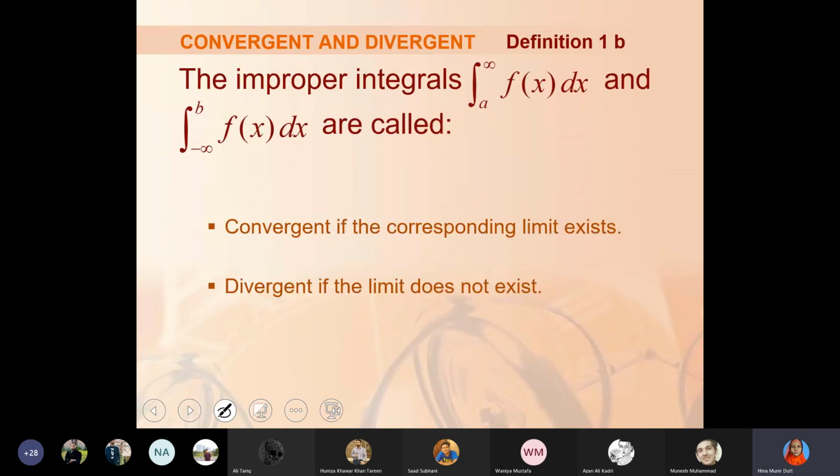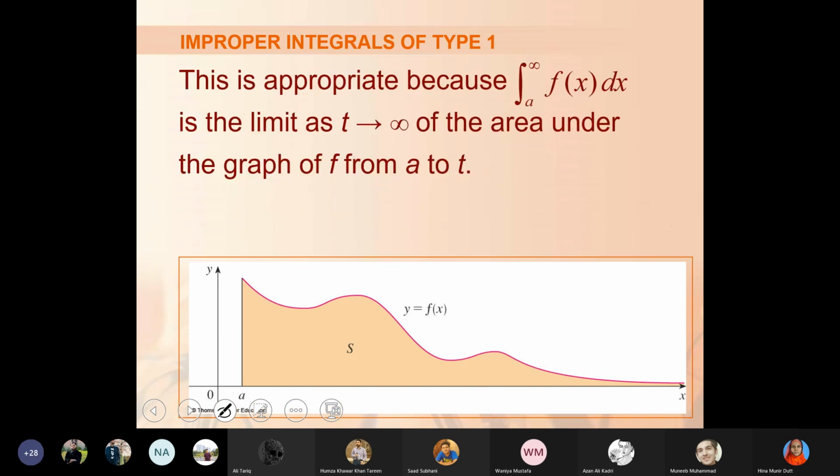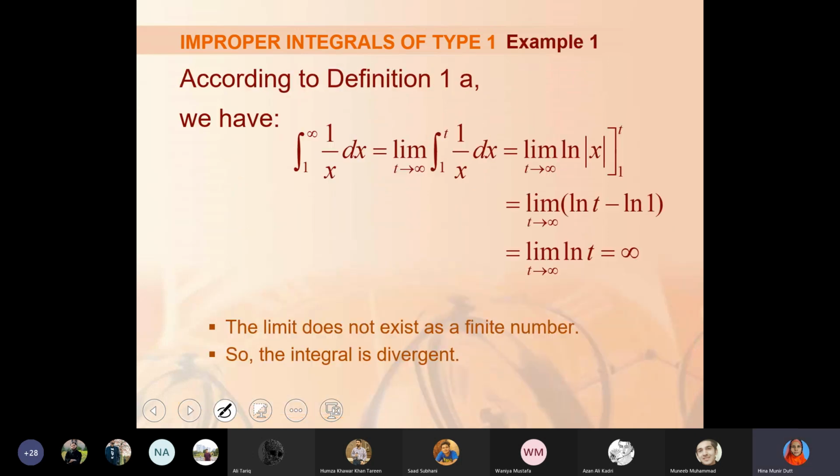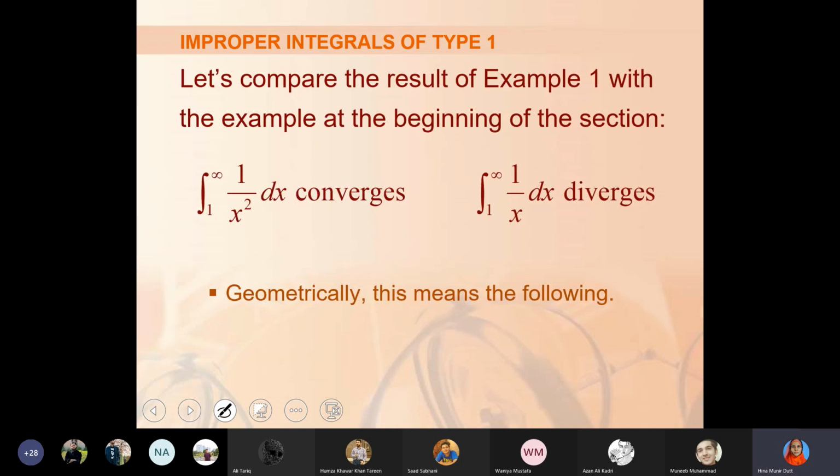Why does this happen? This integral is divergent. So it means, as you have seen, the integral of 1 over x square converges and 1 over x diverges with the same limits of integration.